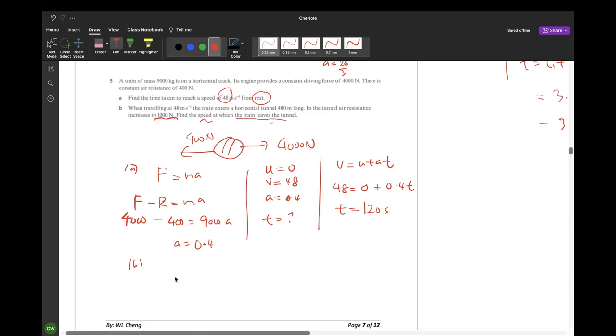So go back to F equals MA. Forward force is 4,000. Now the air resistance is 1,000. M is 9,000. What is acceleration? 1/3.